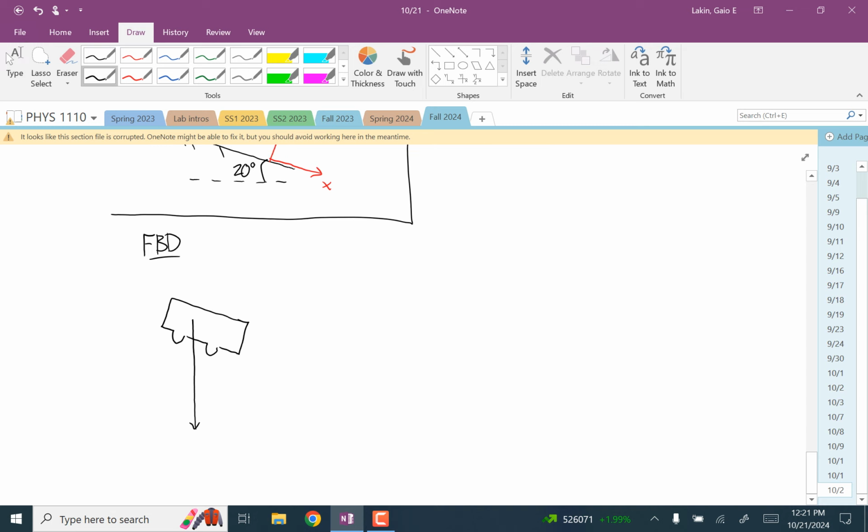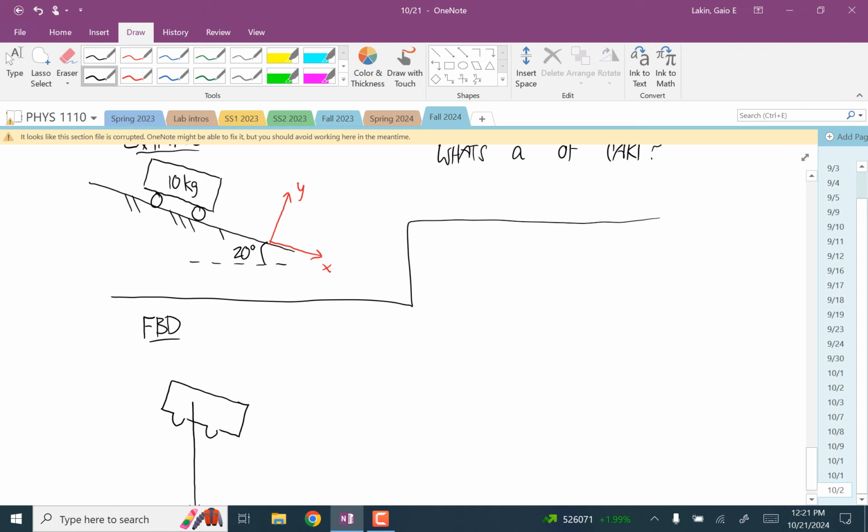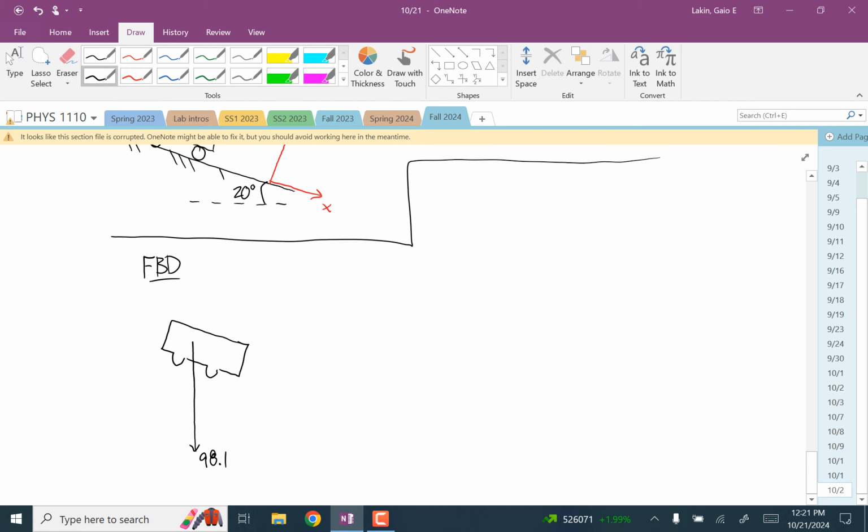That's 10 times 9.81, so 98.1. We have a pushing force. The only other place where there's contact with the surroundings at the boundary is at the wheels. That's a pushing force, so that's perpendicular to the surface toward the chosen body. And I'll call that N. Any questions about that?